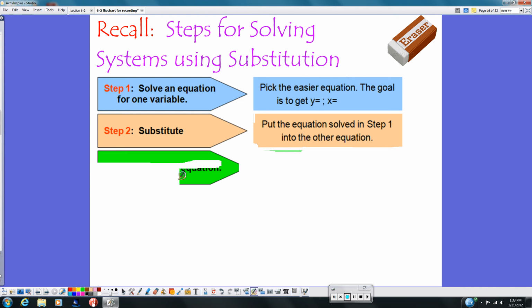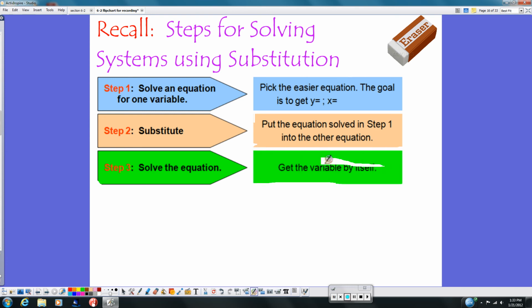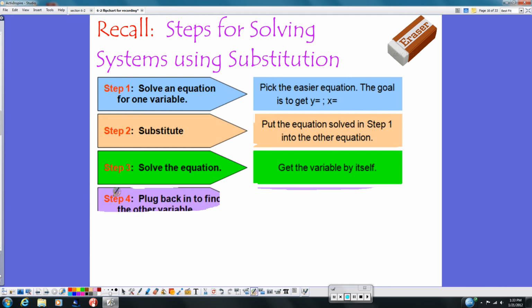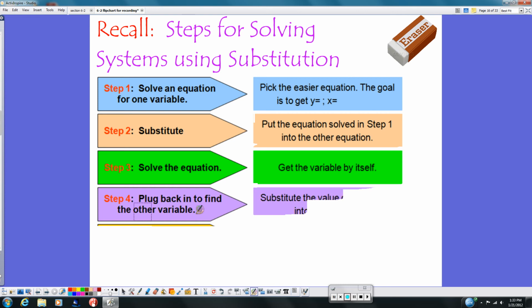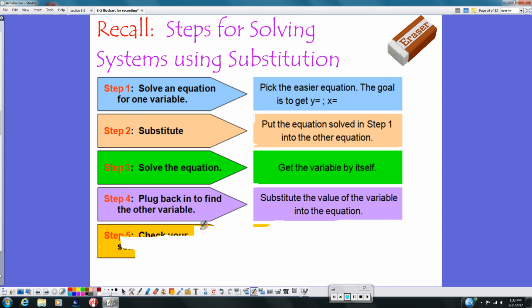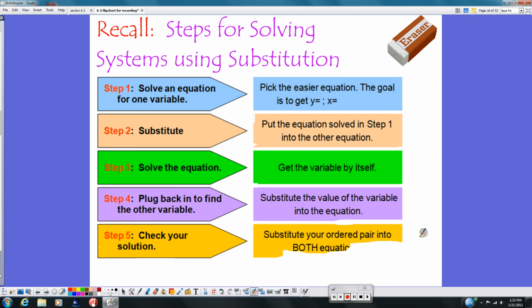Step 3 is when you solve the equation. That is when you get the variable all by itself. Step 4 is when you plug back in to find the other variable. So you substitute your answer that you got from step 3 into the equation. And finally, your last step is to check your solution. And that's where you substitute both answers into the equations to make sure you have a correct answer.